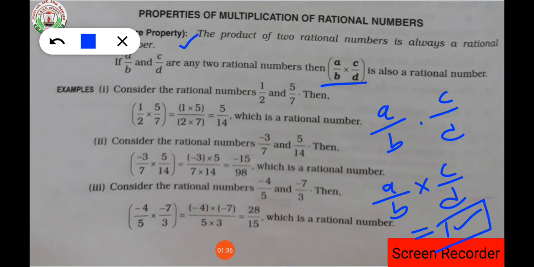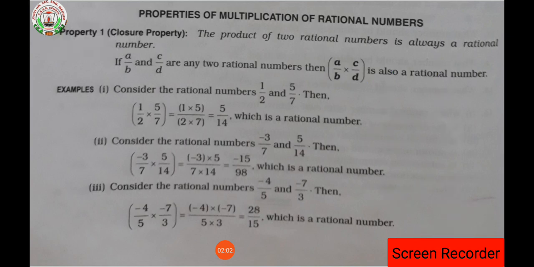Instead of a by b, c by d, you can take any alphabet from a to z. So when we multiply these two rational numbers under the closure property of multiplication, the answer we get will be a rational number only. So it satisfies the closure property.